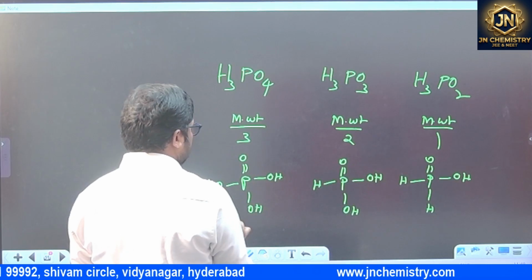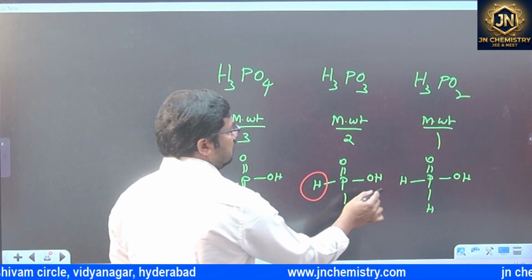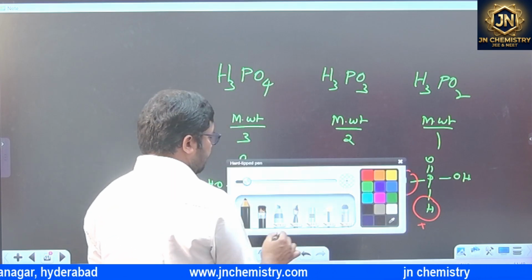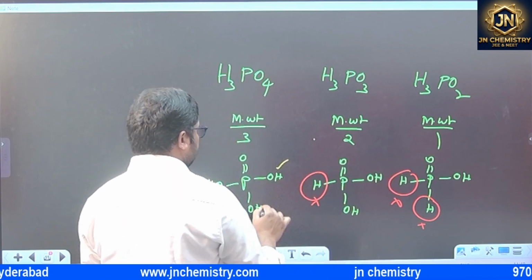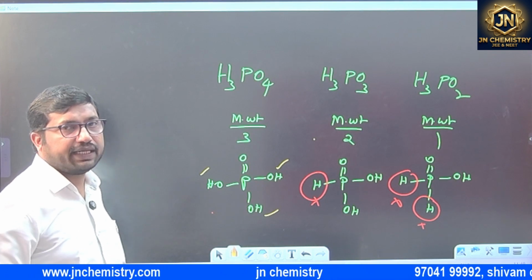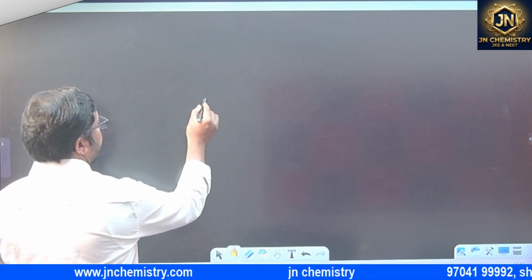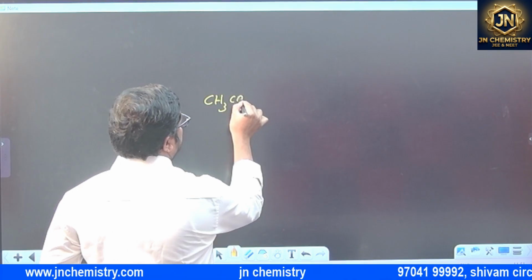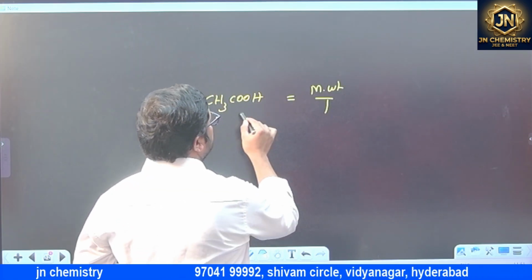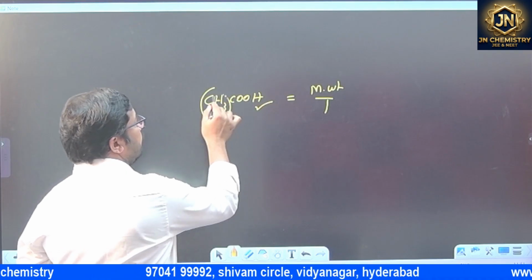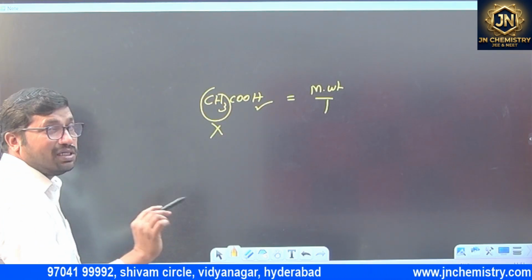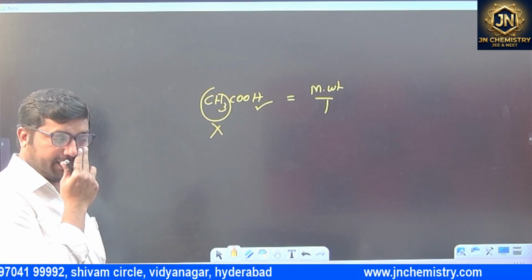These hydrogens we can't replace. Only the hydrogens of OH directly attached to oxygen we can replace. Write it down. Next, for example, CH3COOH is 1. Only that hydrogen we can replace. The carbon hydrogens are not that acidic because of almost similar electronegativity.